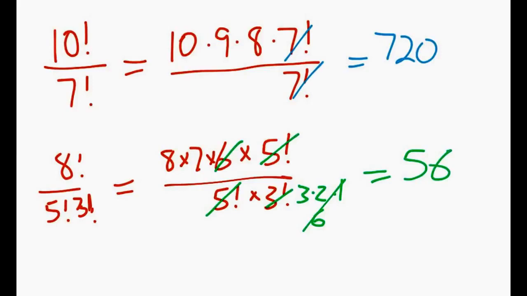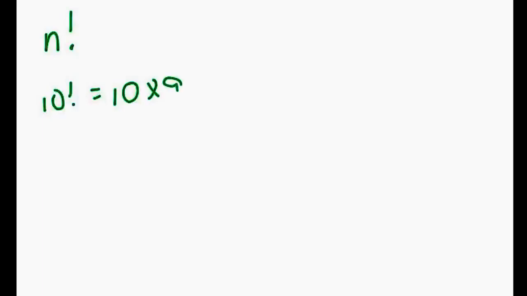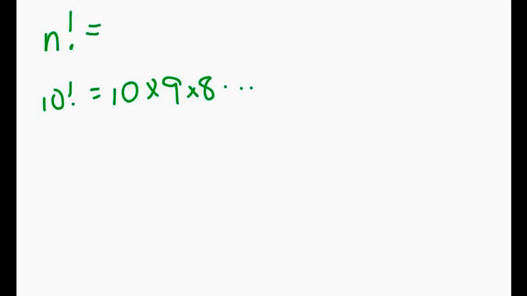So you can always simplify these without having to use your calculator, or you can just use your calculator as well. The other kind of question you got to be careful with factorial is what happens if they just give you an algebra letter instead of a number. So something like n factorial. So if we think of 10 factorial, that was 10 times 9 times 8 and so on. So using the same logic, n factorial then would be n.